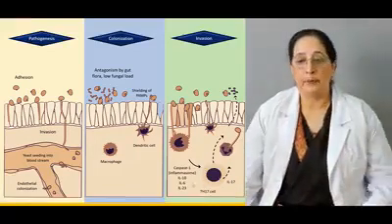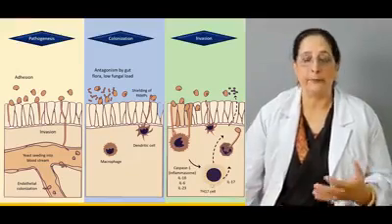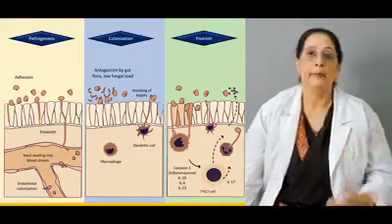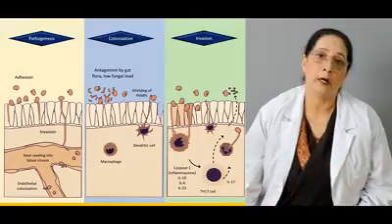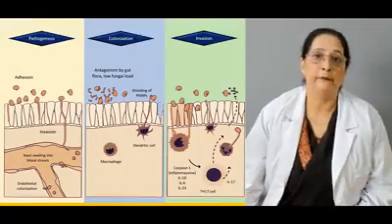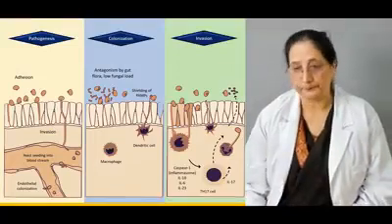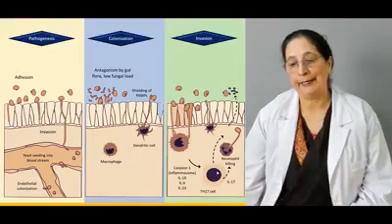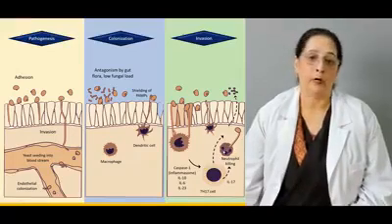And there is release of chemical mediators, different interleukins, which help in the destruction or mediation of the inflammatory response. And then also there is neutrophil killing of the microorganism.